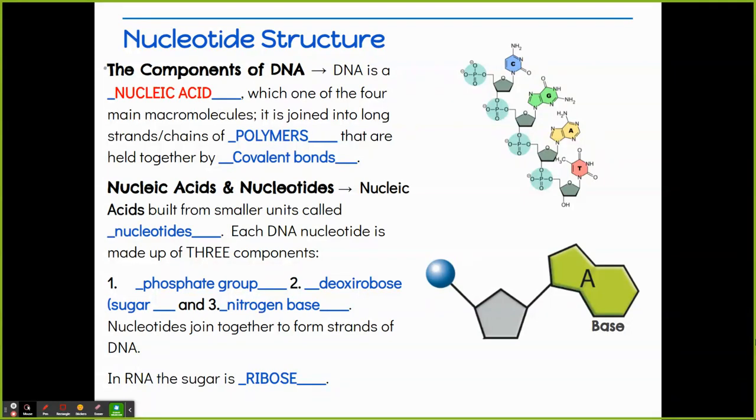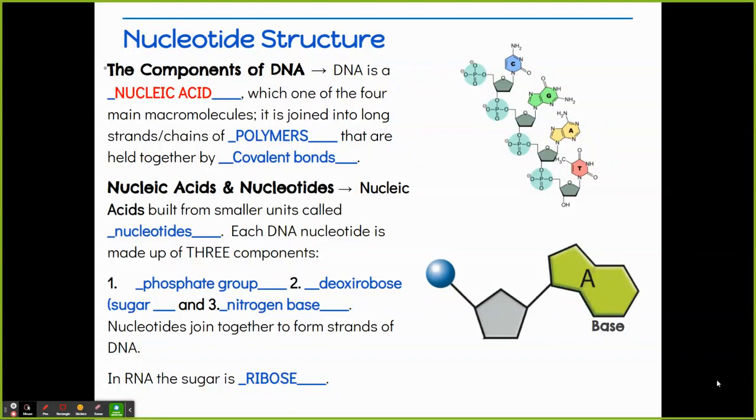So, DNA is just one of our nucleic acids. And again, these macromolecules are long, long strands or chains of things we call polymers. Polymers mean there's a bunch of small little parts held together by covalent bonds.